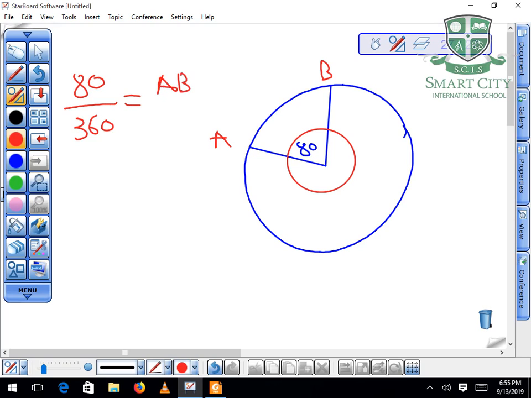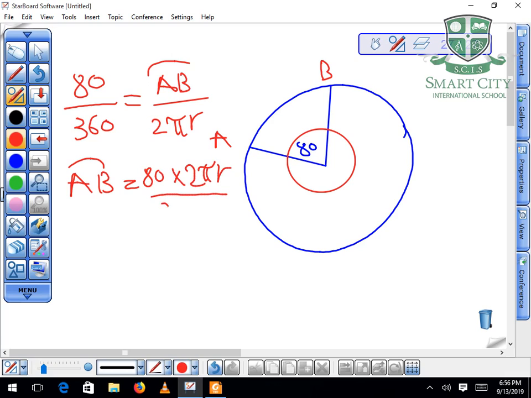As a length of what? The length of the total circle, 2 pi r. Yes, the same ratio. So arc AB length equals 80 times 2 pi r over 360.